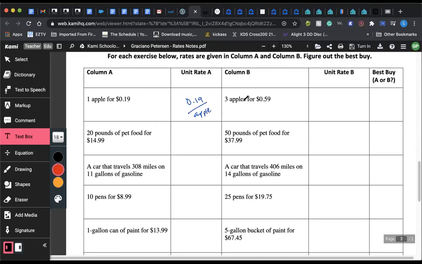For this one, it is 3 apples for 59 cents. So I have to figure this one out, right? I have to take 59 cents and divide it by 3. What is my rate for that? 0.59 divided by 3.